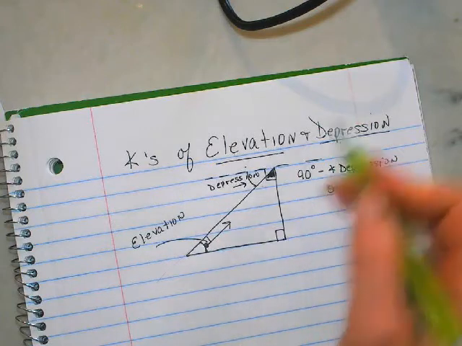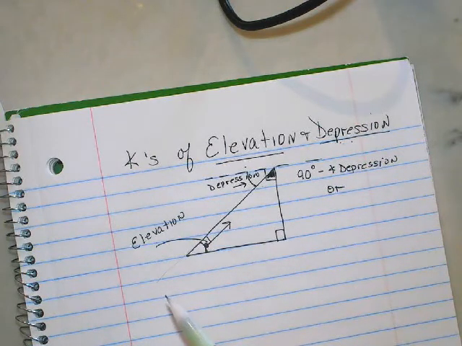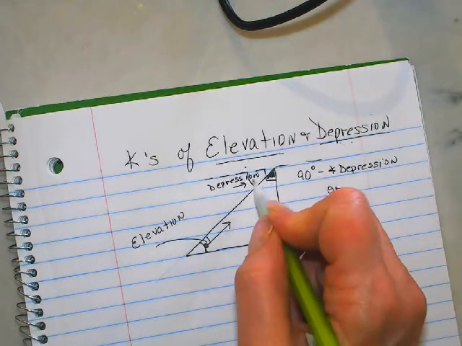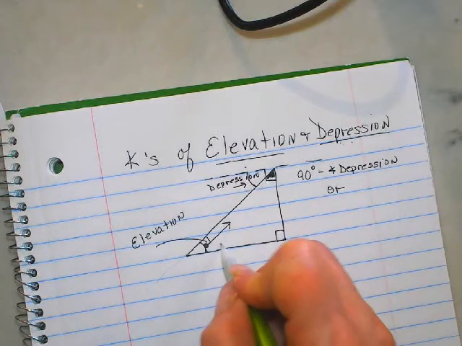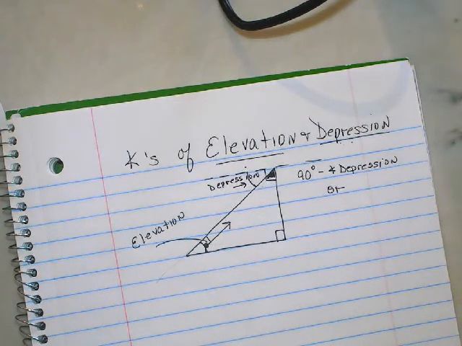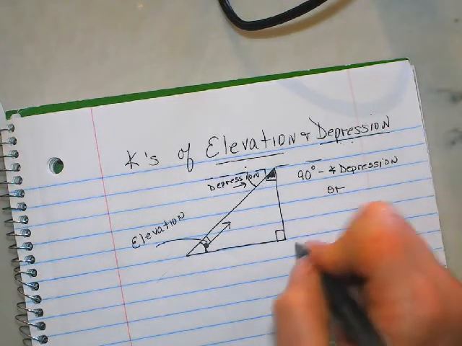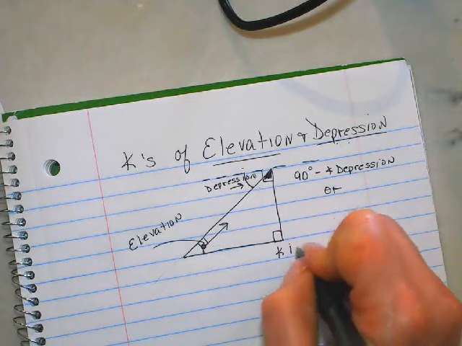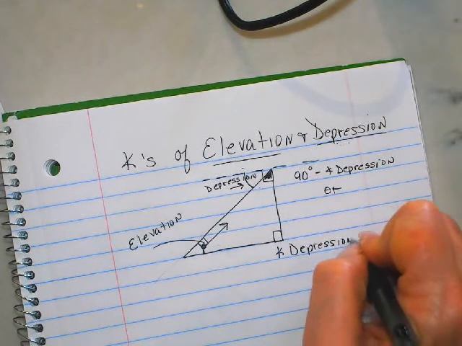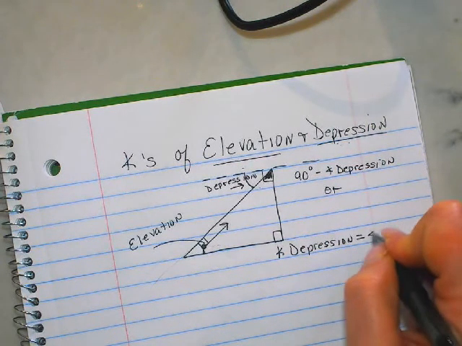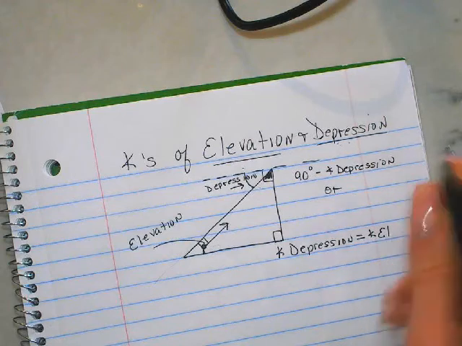These are two parallel lines cut by a transversal. Ooh, blast from the past. So the angle of depression here technically is the same as the angle of elevation. Yes, you heard it here first, folks, the angle of depression is the same thing as the angle of elevation.